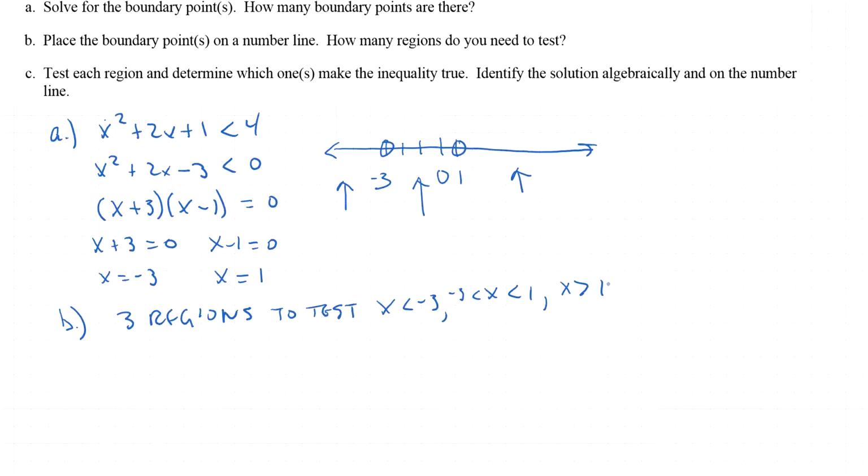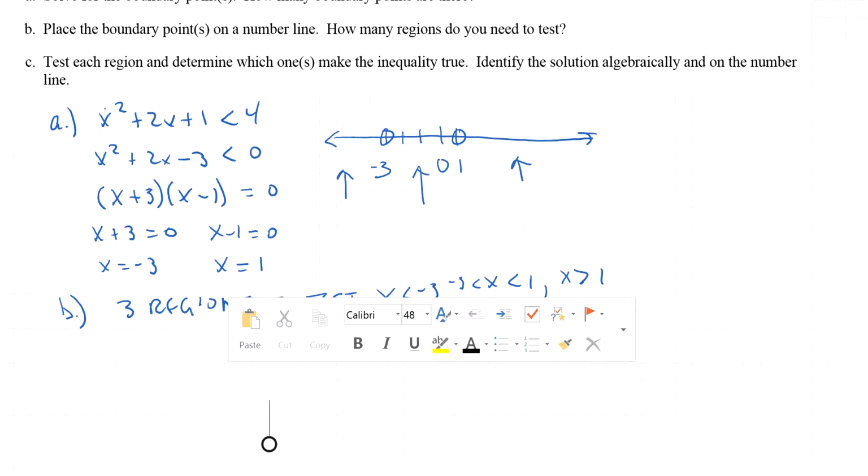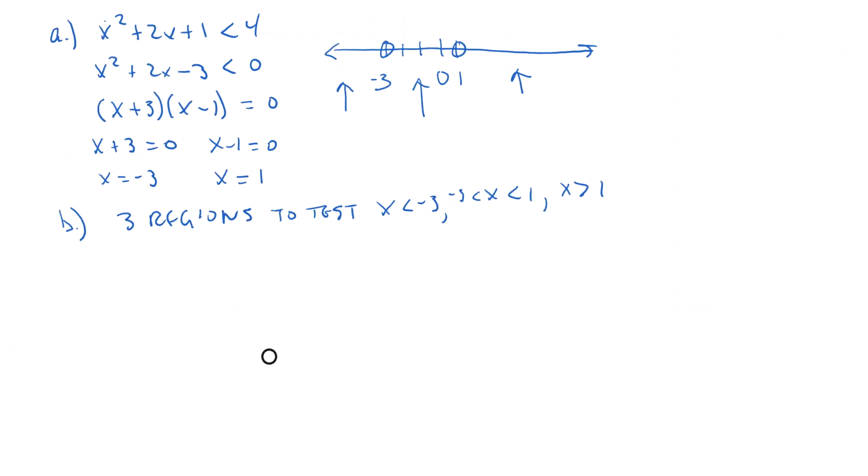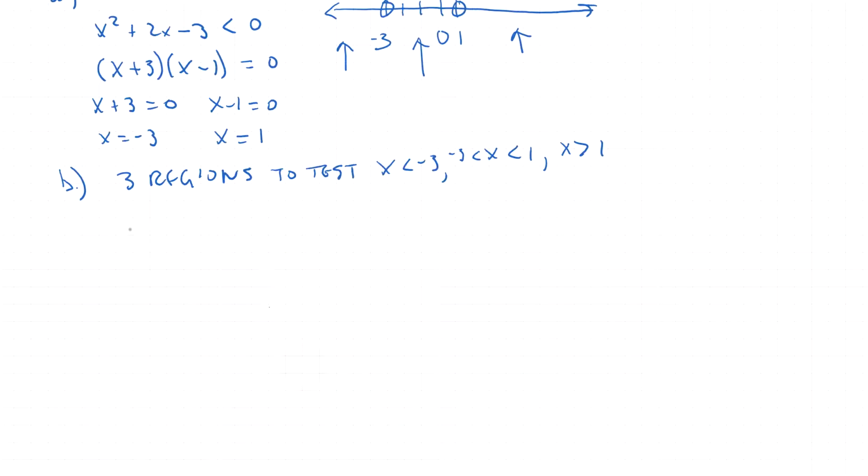And then C says test each region and determine which ones make the inequality true. Identify the solution algebraically and on the number line. So if we want to test x is less than negative 3, we pick a value, let's say negative 4.